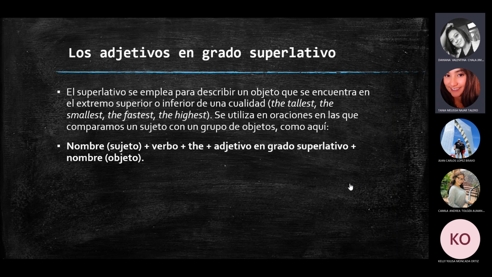I think it's most. Good job. And what is the other word that is lacking here to give sense to the sentence?